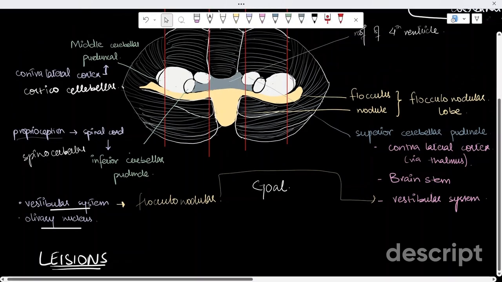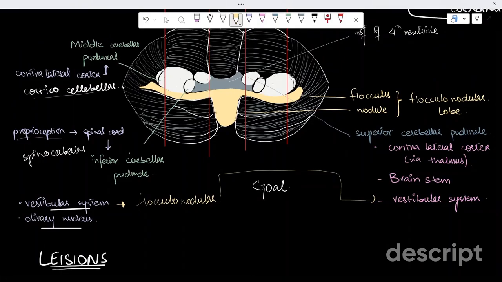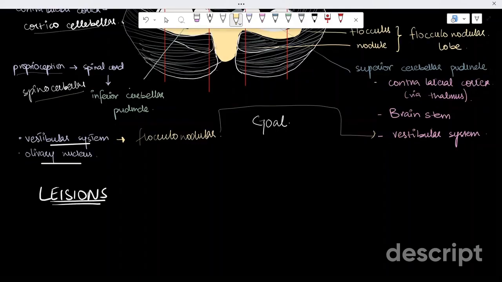So this was the input or the afferent fibers coming into the cerebellum, and as we spoke, we have corticocerebellar, spinocerebellar, vestibulocerebellar, olivocerebellar. So the fibers which carry are mostly climbing fibers. However, there's an MCQ asking the fibers carrying input from the olivary nucleus to the cerebellum. The correct answer is climbing fibers.